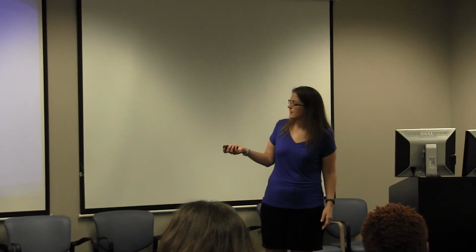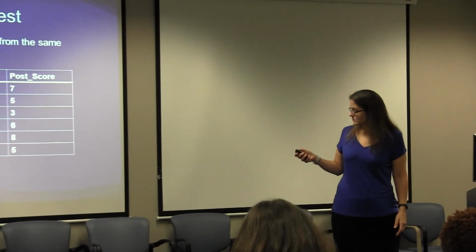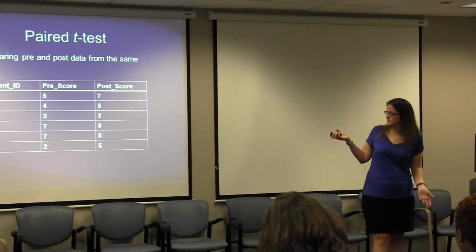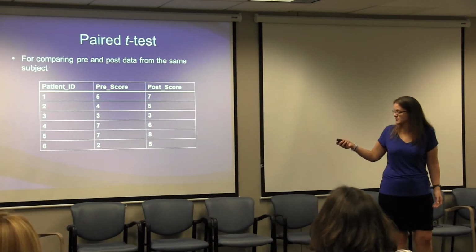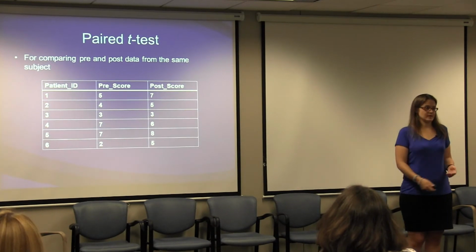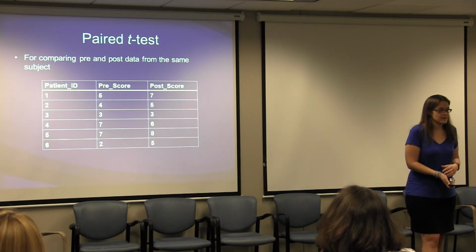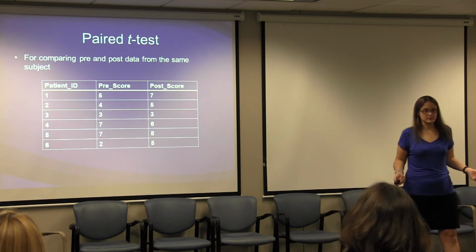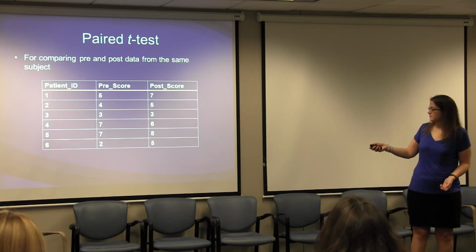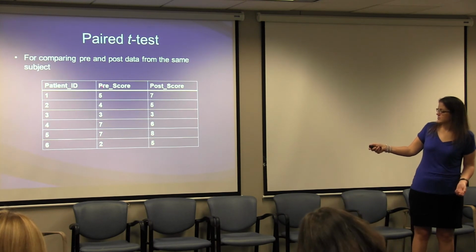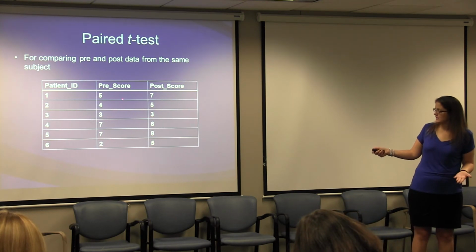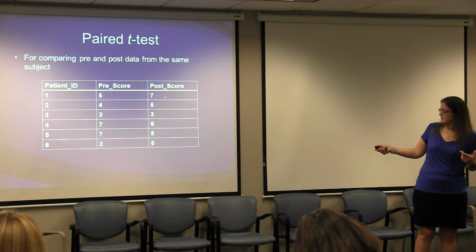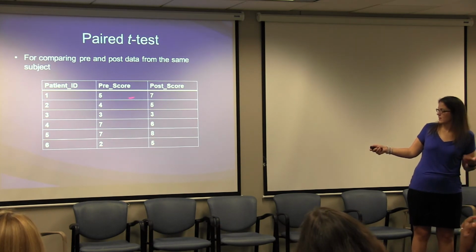So you're comparing pre and post, and I don't have an elaborate example for this, but just imagine some kind of a 10-point scale, what's your satisfaction with your job or something like that. And these are their scores at the pre point in time, and then this is patient 1's score at pre and then at post.